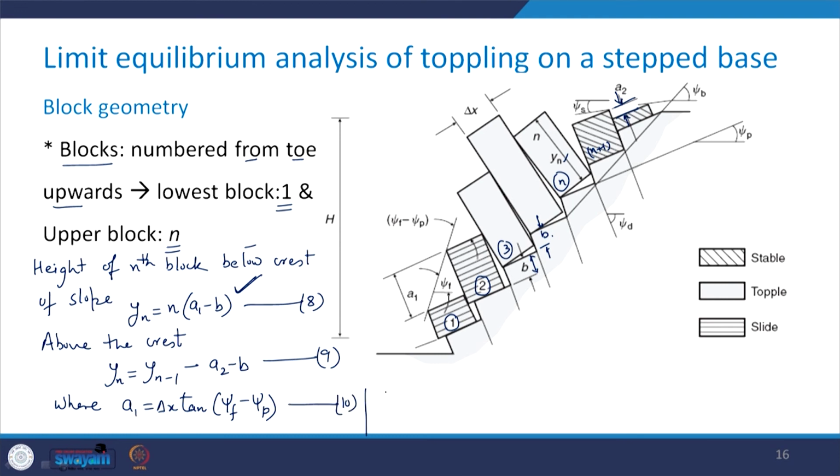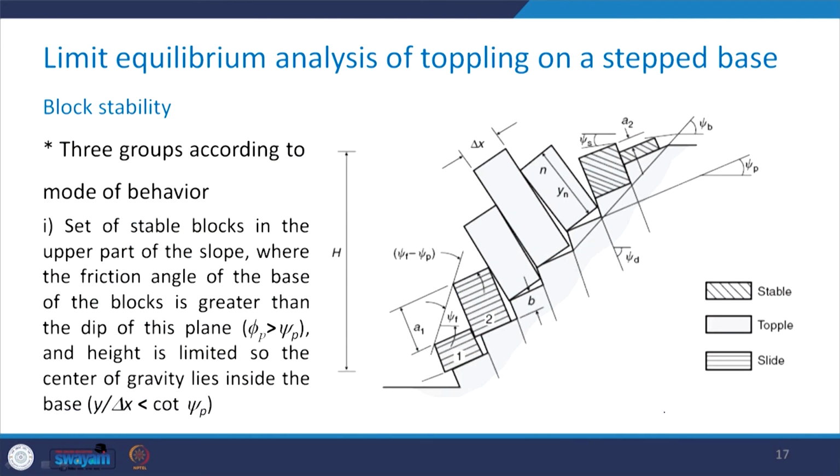Then a2 will be equal to delta x tan of psi p minus psi s, that is equation number 11, and b is going to be equal to delta x into tan of psi b minus psi p. This is equation number 12. So this is how the block geometry for each of the blocks can be determined.